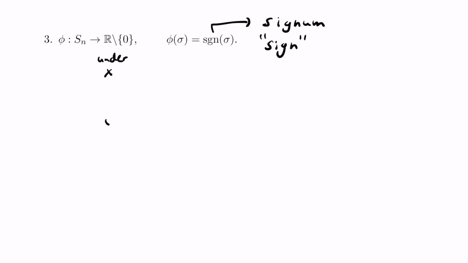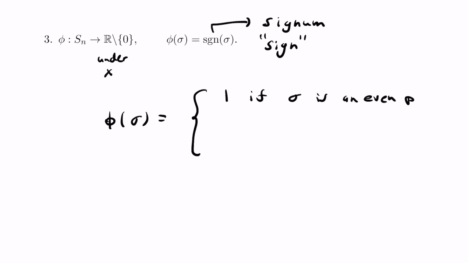The sign of a permutation is this thing we actually talked about last class, where it's 1 if sigma is an even permutation. An even permutation means that it can be written as a product of an even number of transpositions. And it's -1 if sigma is an odd permutation, meaning that sigma can be written as a product of an odd number of transpositions.